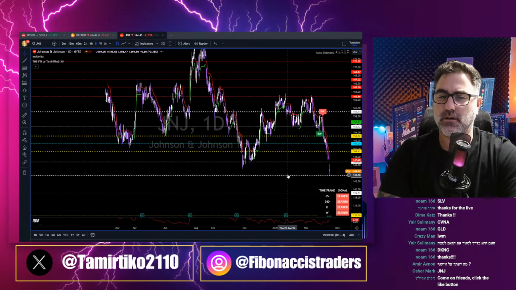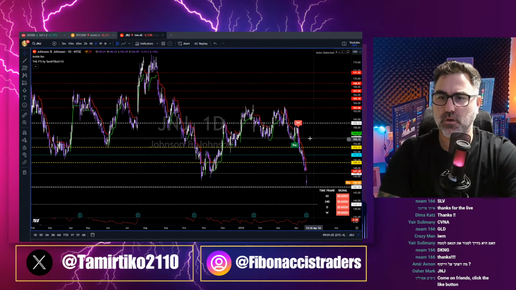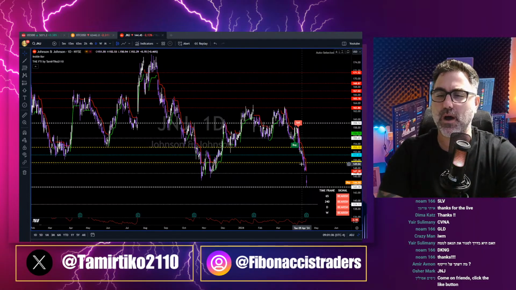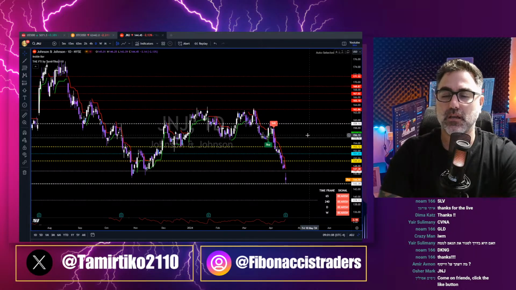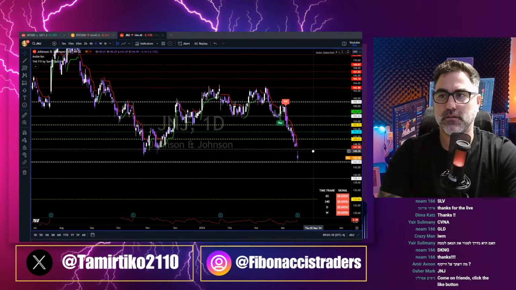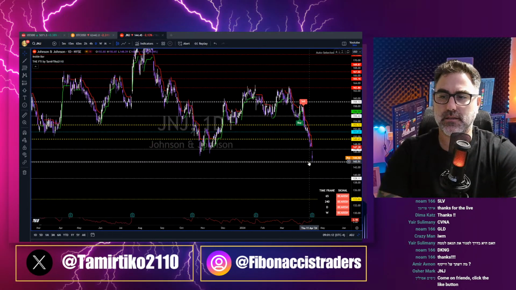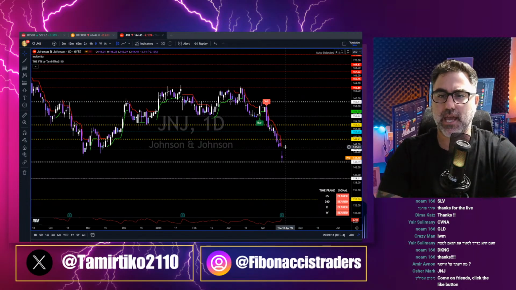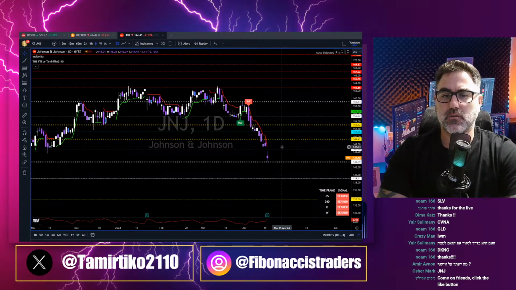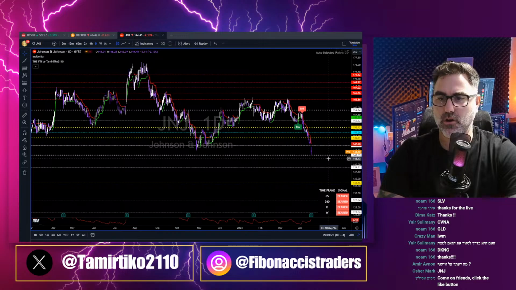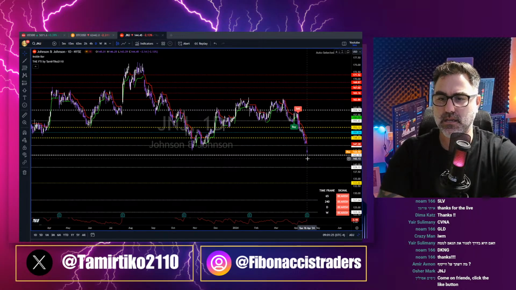J&J. We went short on J&J from 155 all the way to 149. Closed it. And it continues to the downside with a doji over here and a gap to the upside. We might get some kind of a bounce, closing this gap, maybe a touch at the 149, but overall J&J looks very nasty.